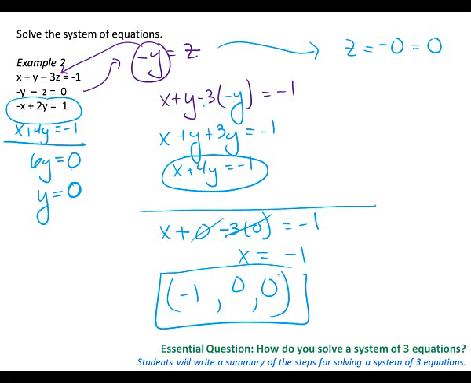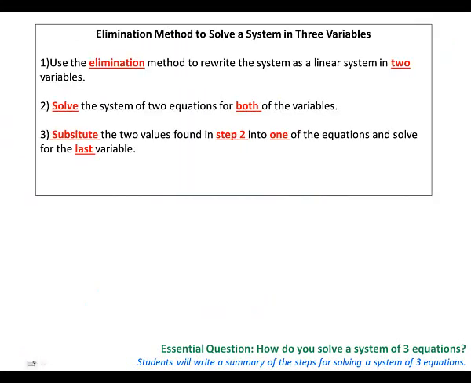Alright, there are other methods other than what we call back substitution. We can do elimination on this, because there aren't always going to be systems where it's a nice thing to back substitute in.